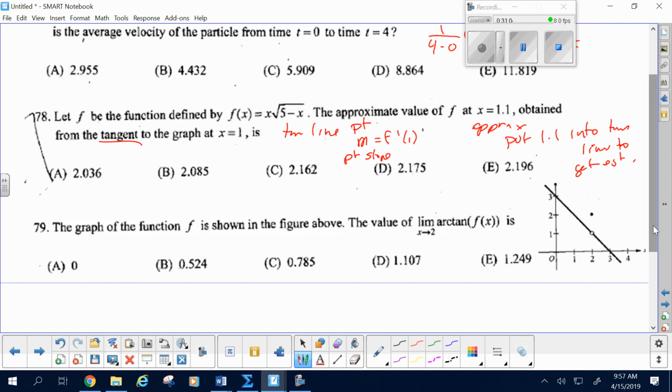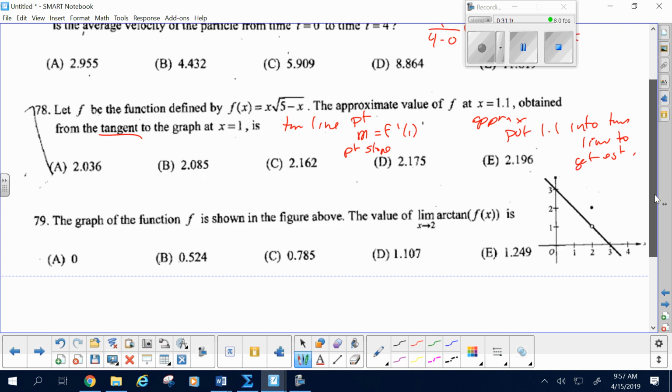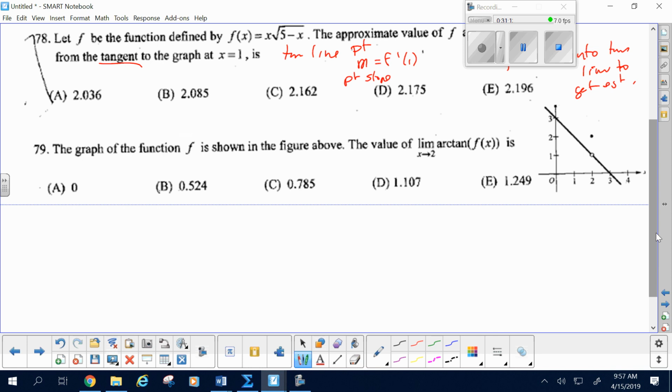76, that surprises me. 79, 8 people missed 79. And that's a pity. I understand the overarching question is what is our tangent approach, but I can't know what our tangent approach is until I know what f approaches. So as x goes to 2, what's the limit, or the y value approach?